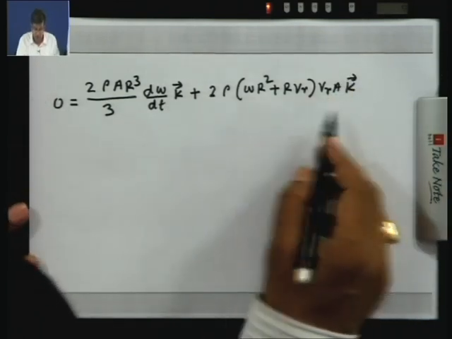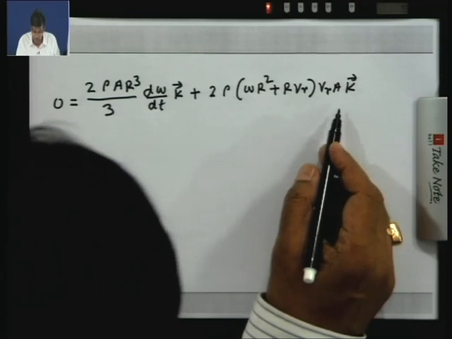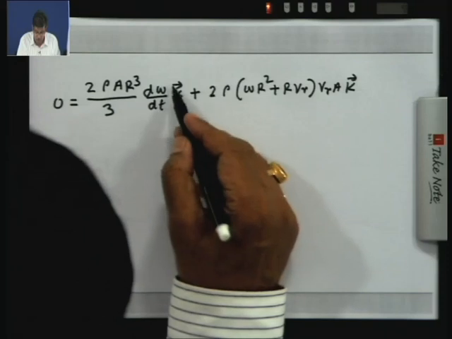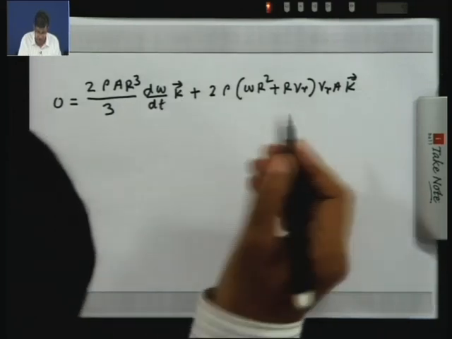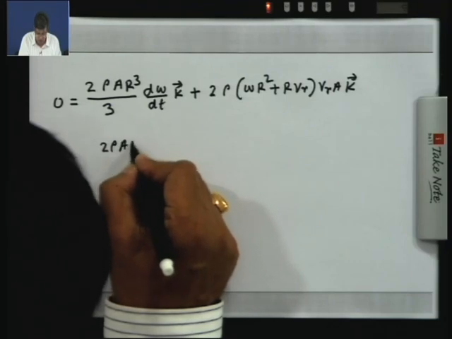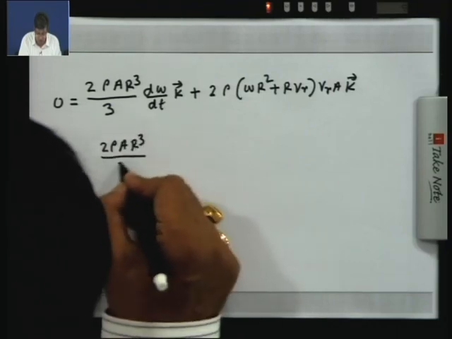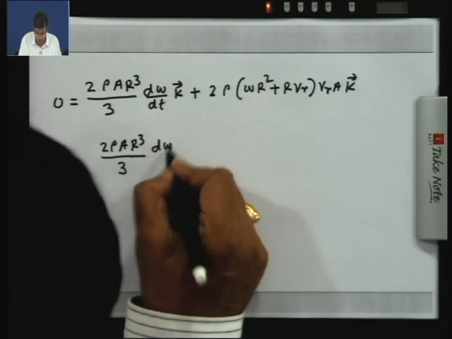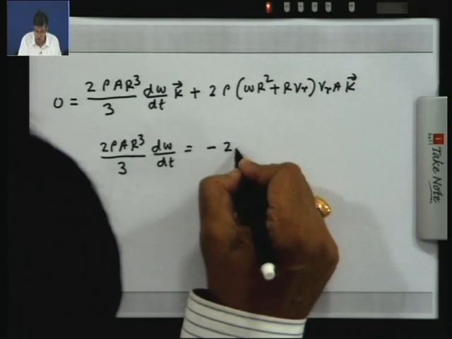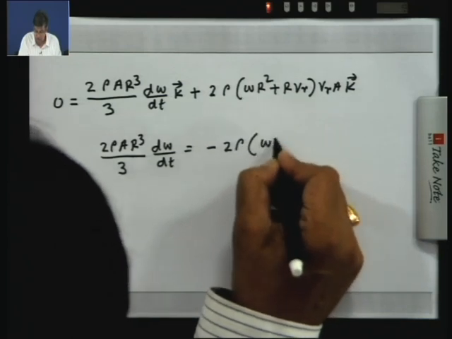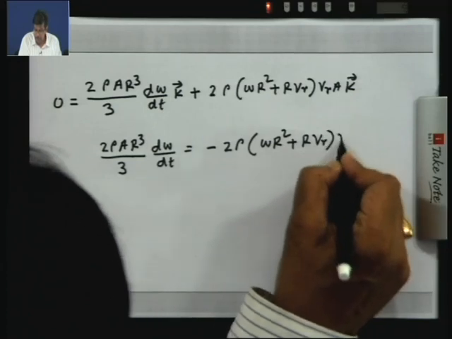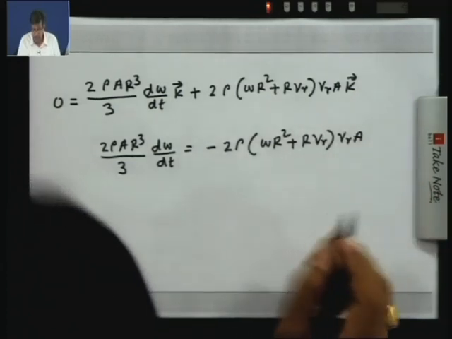Now if we do not take k at all, because this is a vector equation, that means this equation is with the k direction, there we can write it in terms of a scalar equation: 2 rho A r cube by 3 d omega dt is equal to minus 2 rho omega r square plus r Vr into Vr A. This is only mathematics now.